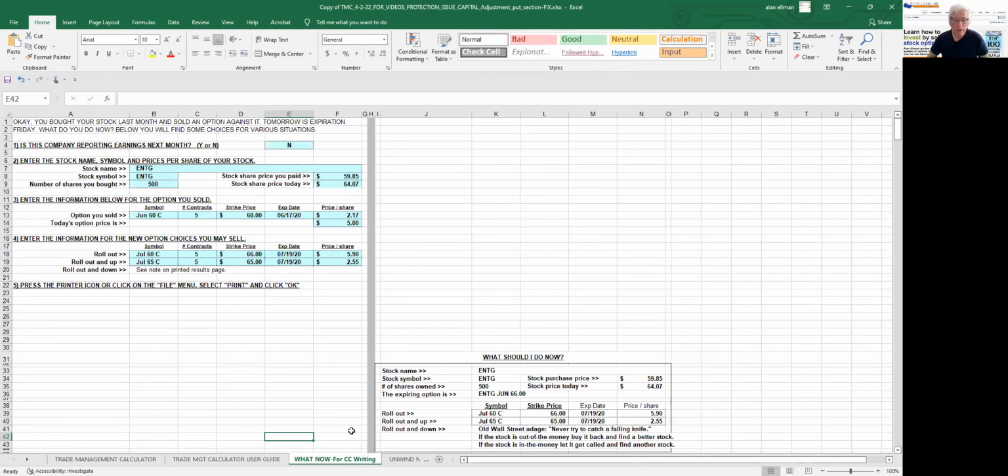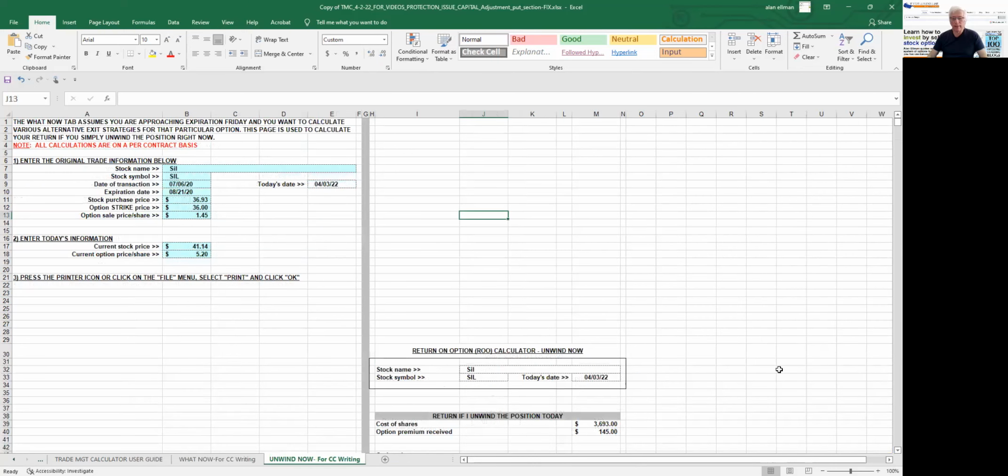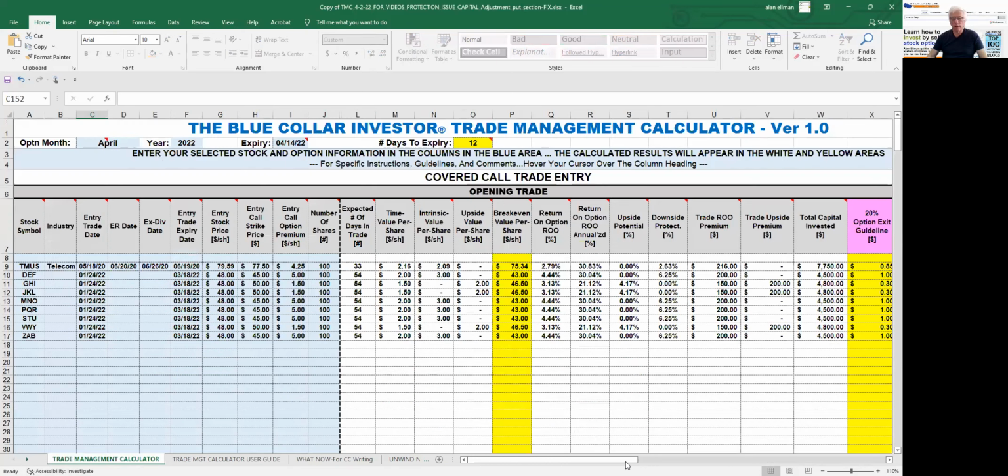We have the What Now tab, which many of you are probably familiar with from our other BCI spreadsheets relating to rolling an option, covered call option, and Unwinding Now, which is closing a covered call position mid-contract, actually closing both legs, the stock and the option legs of a contract. So those are worksheets which you could use before entering it into the main tool, which is our trade management calculator. We're back to that now.